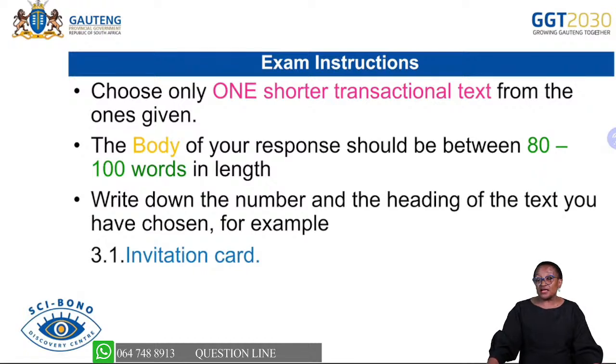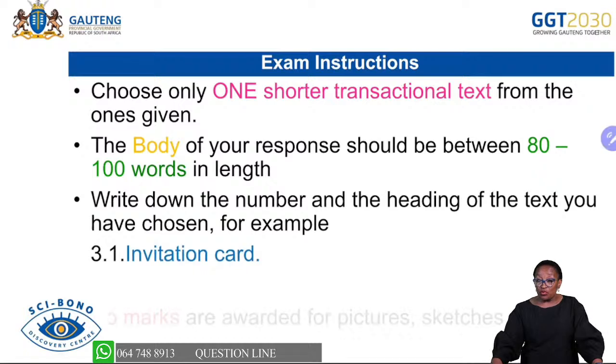It is very important that you carry out these exam instructions. You need not write more than one shorter transactional text from this section. You also need to be mindful of the length of the text. It should be between 80 to 100. You need to number the heading of the text that you would have chosen. That is also important.